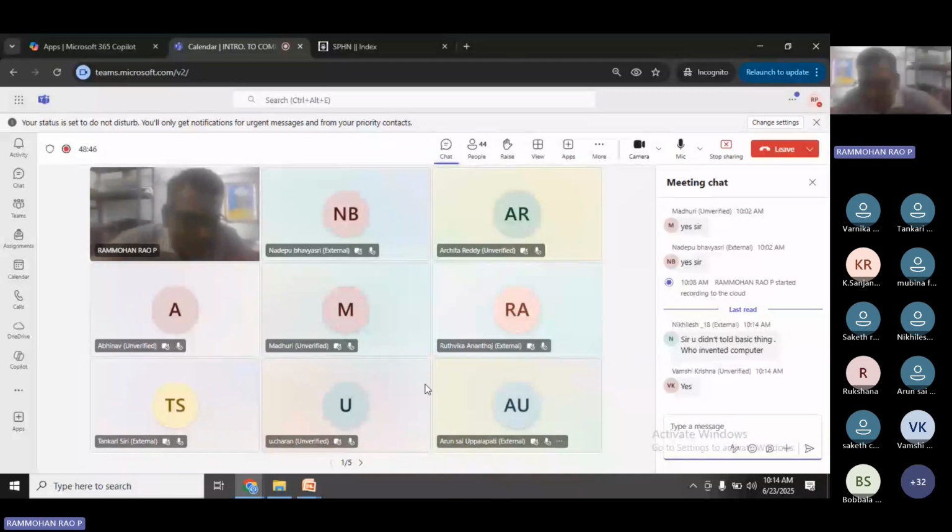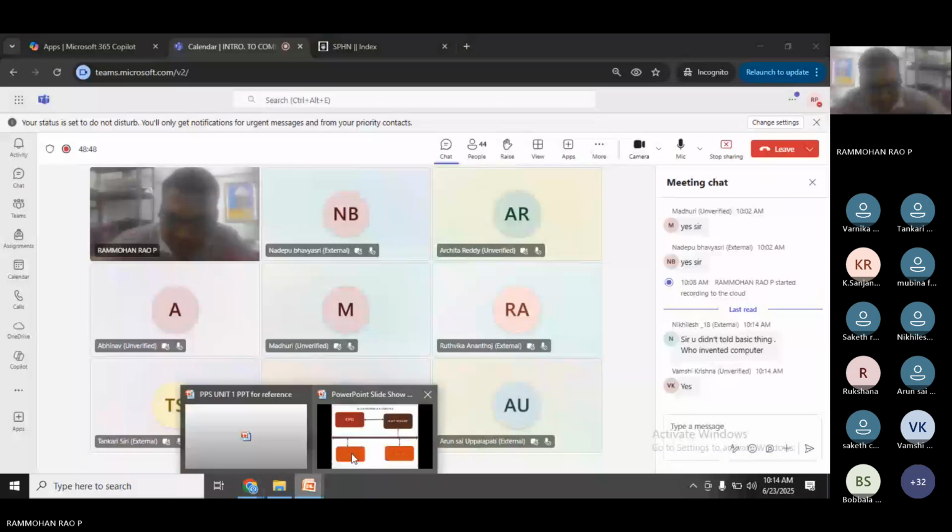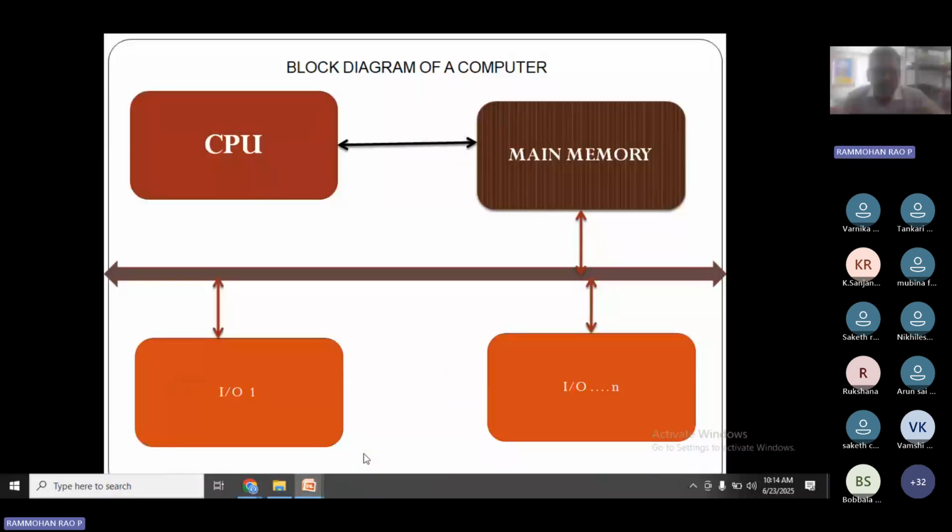Let me share my screen again. So friends, the diagram you are seeing is the diagram of an electronic computer. Before this, some 60, 70 years back, when a computer was first developed, I hope you have heard the name Charles Babbage.